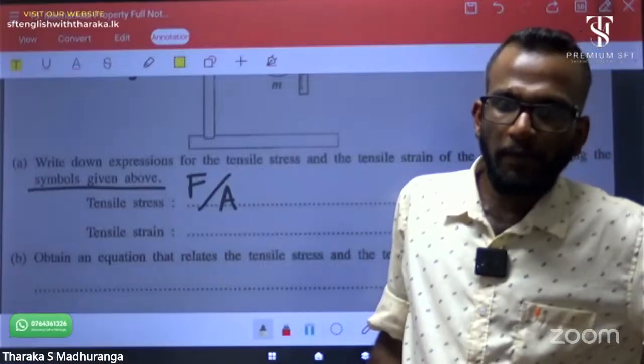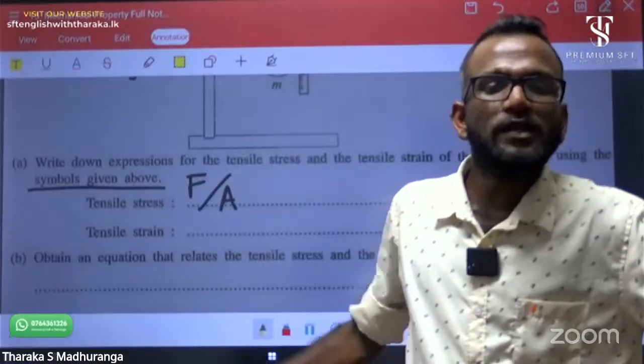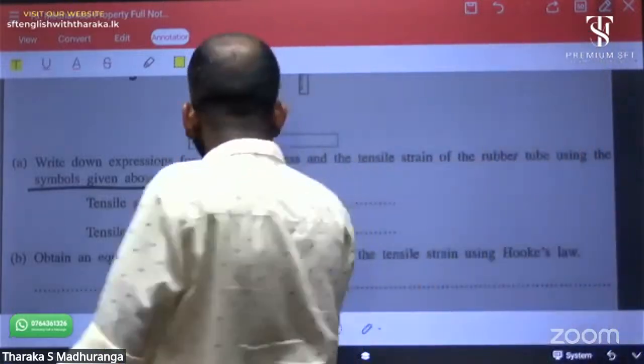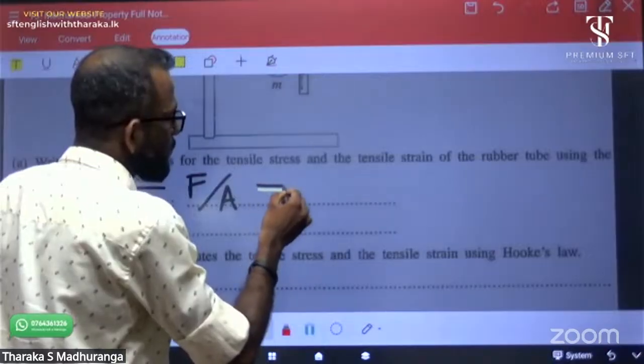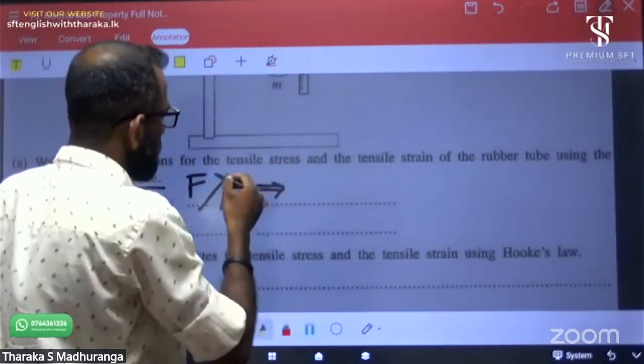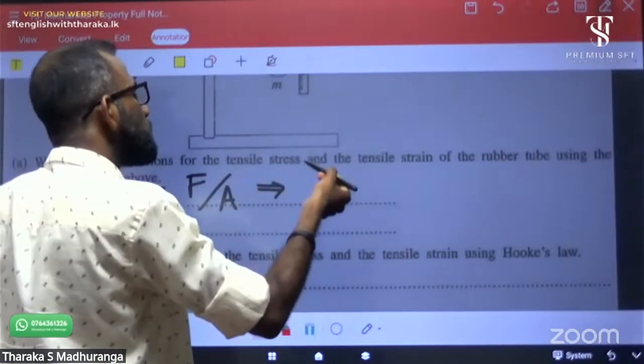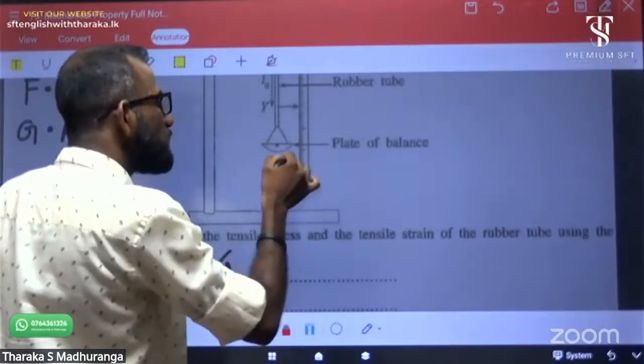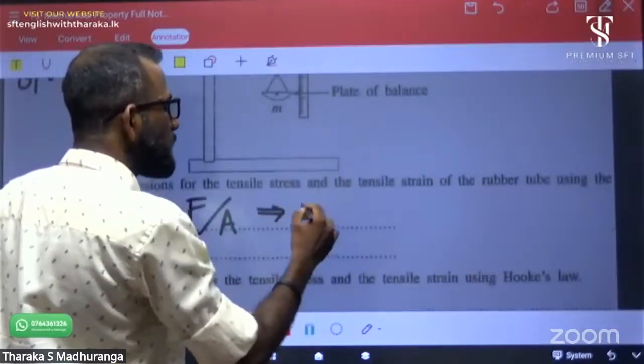Actually, stress is F over A. But when you write F over A, you have to substitute according to the diagram. What's the meaning of F? F is the weight of M, so mg.